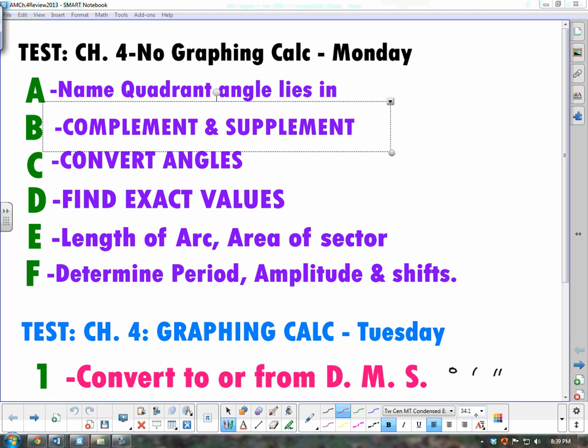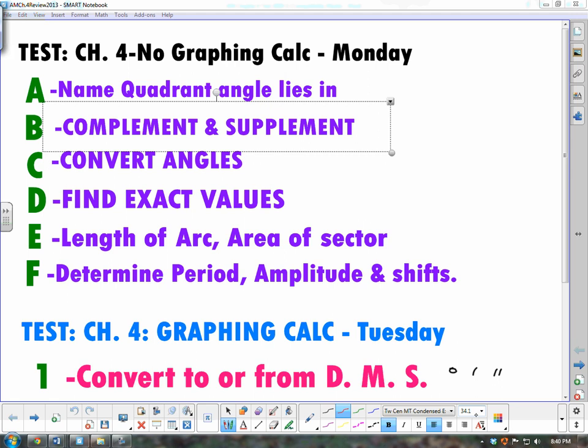So the things that you will cover on the test on Monday will be naming the quadrant that an angle lies in, finding the complement and supplement of angles, converting angles from degrees to radians or radians to degrees, finding exact values. That would be like your big circle thing.